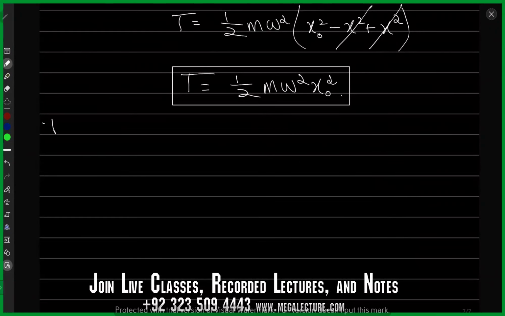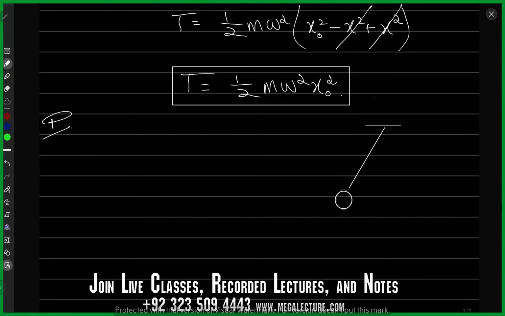Okay, so if there is no question, then we'll do a problem now, a fairly simple problem that has to do with these energies. Let's take an example of a pendulum, and it's oscillating.